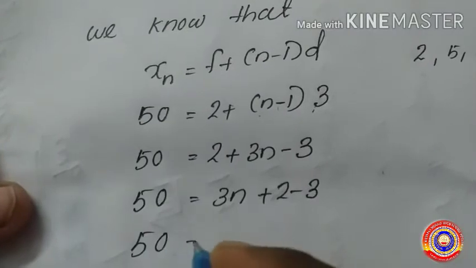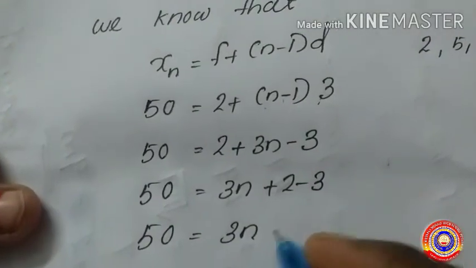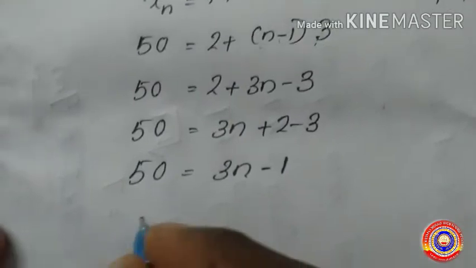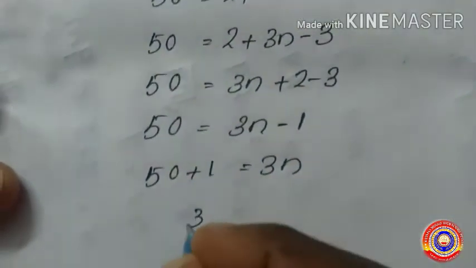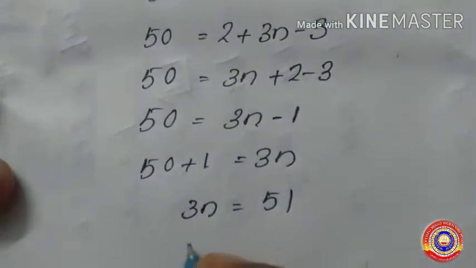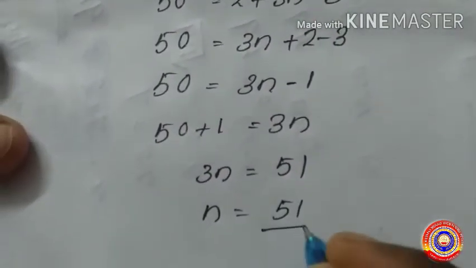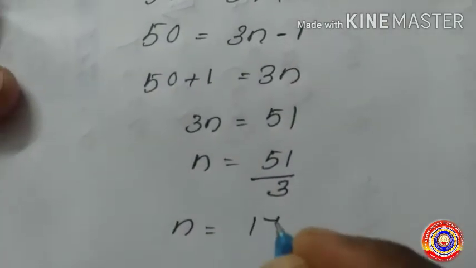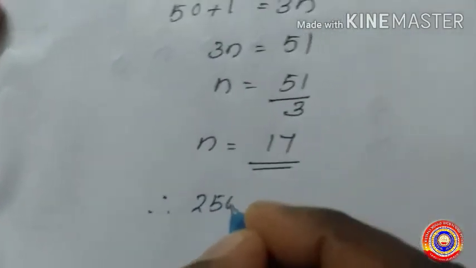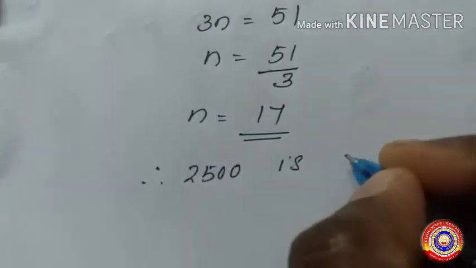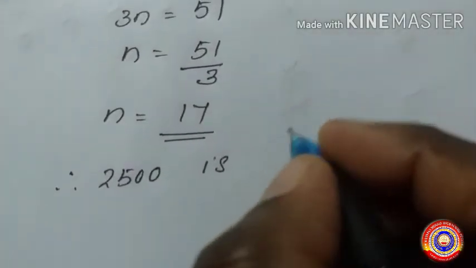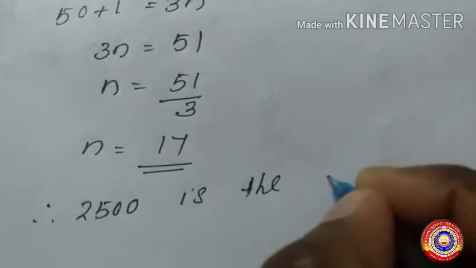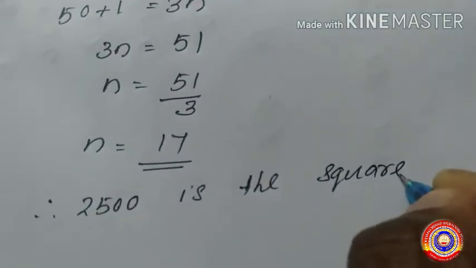So 50 equal to 3n minus 1. From this we can write 50 plus 1 equal to 3n. 3n equal to 51. n is equal to 51 by 3 equal to 17. n means the position. So 2500 is the square of the 17th term.